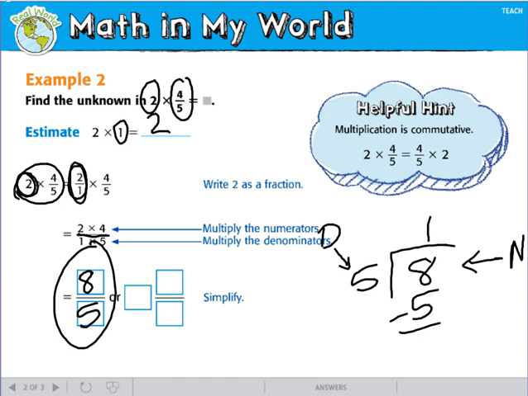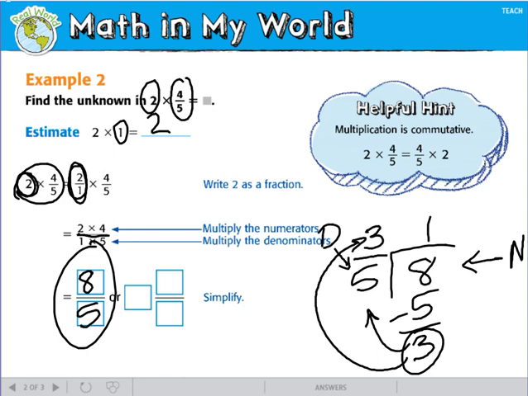What's left? 3. Whatever's left when we subtract, as long as it is less than our denominator, we move it on top of the denominator to make our fraction again. So there's 3/5. So we have 1 and 3/5. Oh, wow.